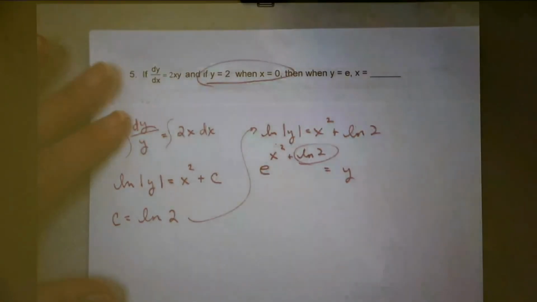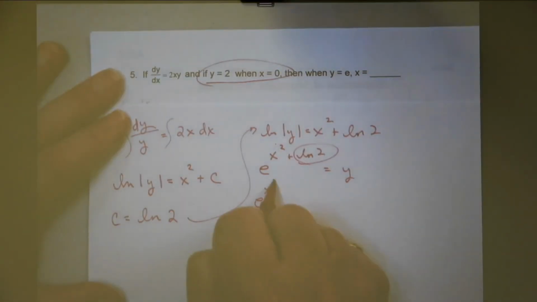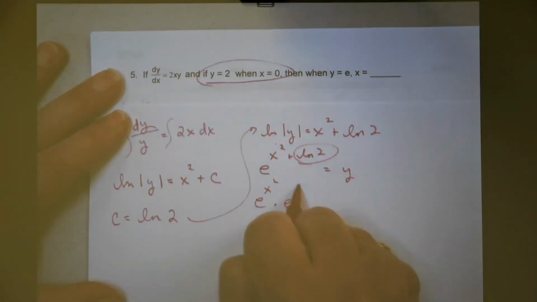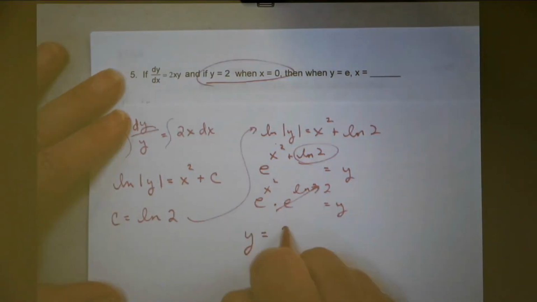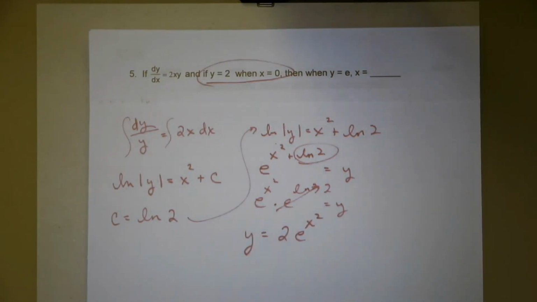When you separate it, e to the x squared times e to the ln 2, this is 2. So I've got y equals 2e to the x squared. You with me?